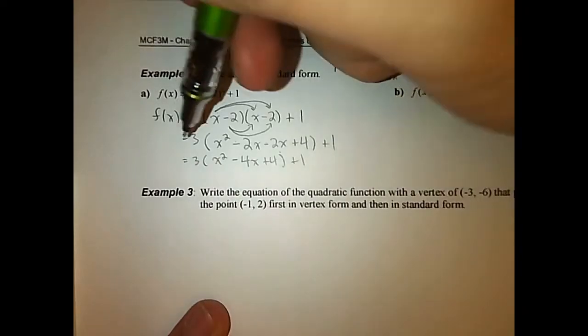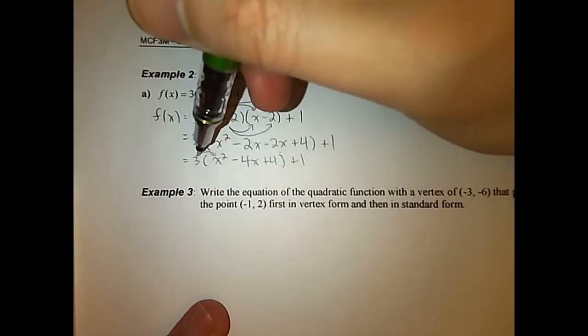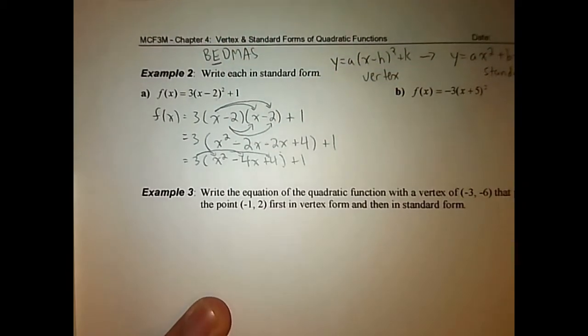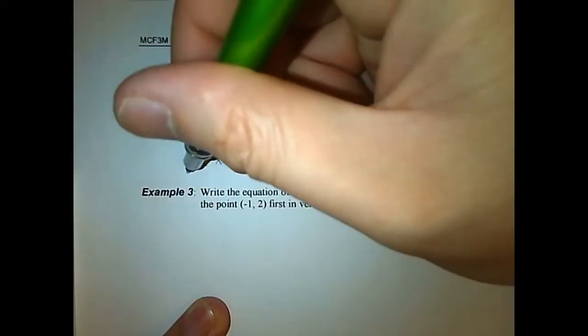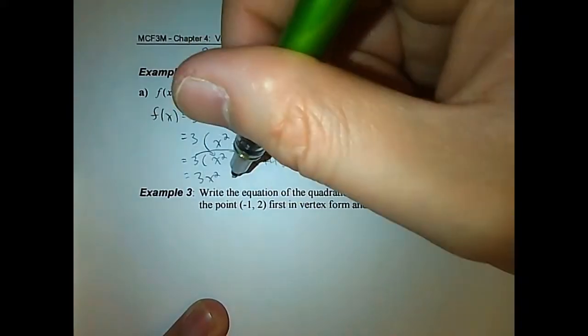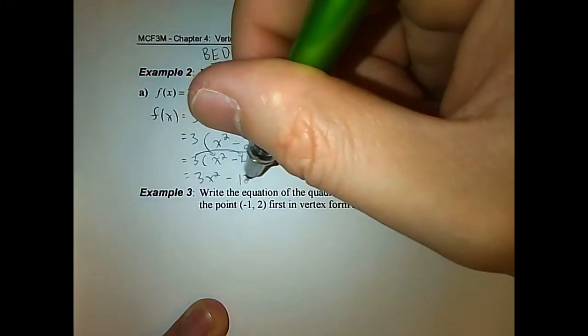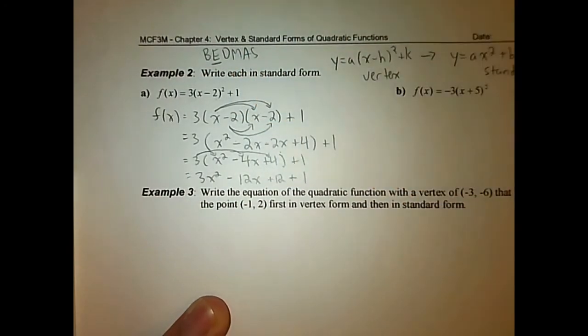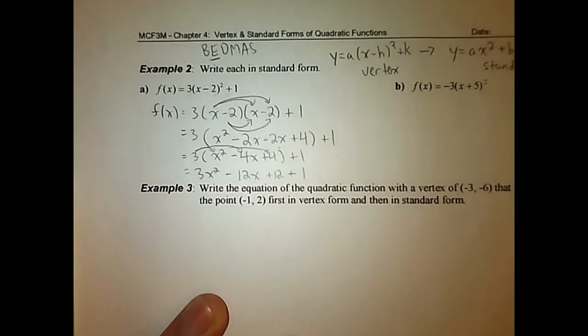Now I'm going to just keep expanding. I'm going to multiply this into all of this. Remember, expanding means make bigger, so we have to multiply to make it bigger. So we're going to get 3x squared minus 12x plus 12 plus 1. So all I have to do now is just condense this.